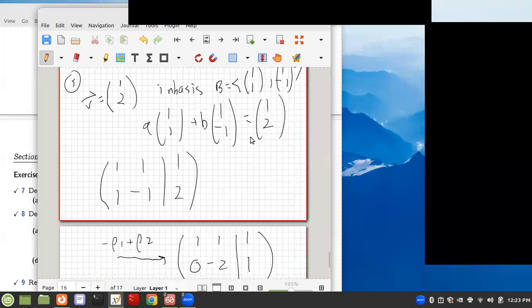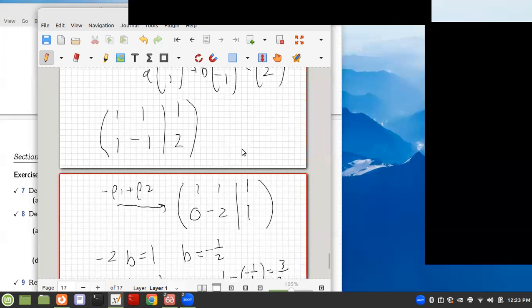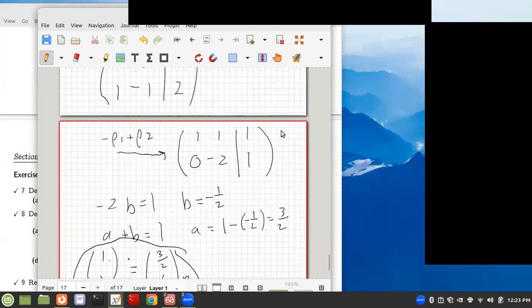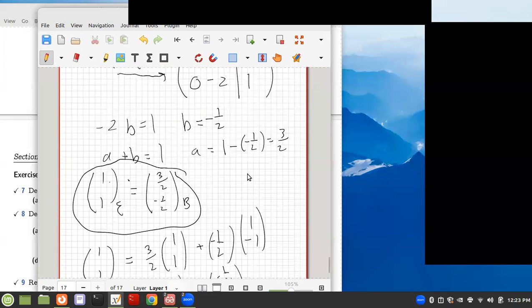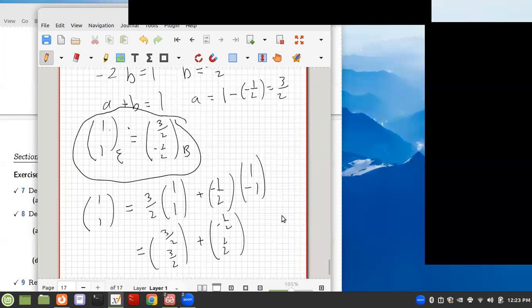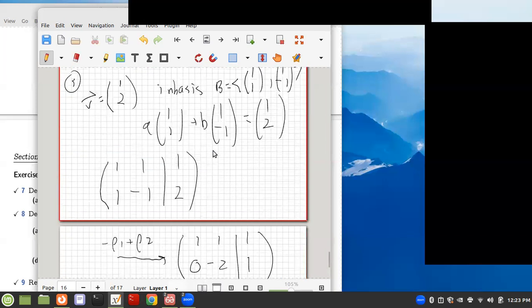So let me just check. B equals minus 1 half. Oh, 3. Yeah, 3 halves. Oh, yes. Because I'm wrong.